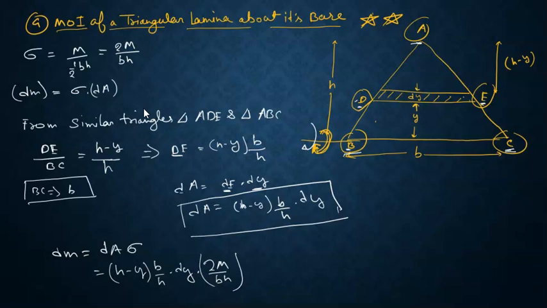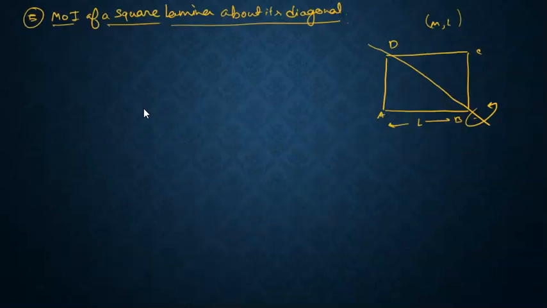So going to the next page, dI, that is the next step, equals dm into y square, as we are integrating over the y direction.